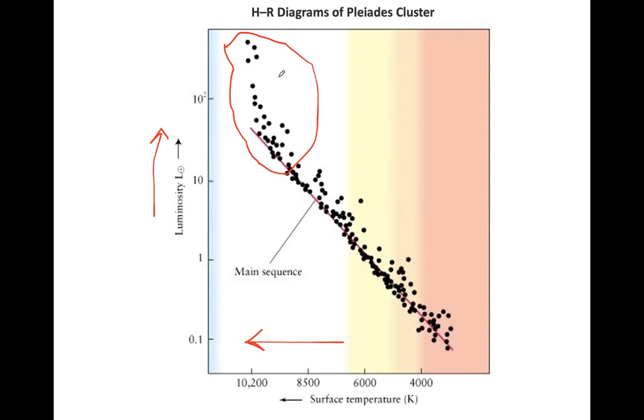Anybody remember what is the other property that is important here? Anybody have any idea? We have discussed the luminosity, temperature, and main sequence is also another sequence. If you remember what I told about the main sequence, it is also a sequence of what?